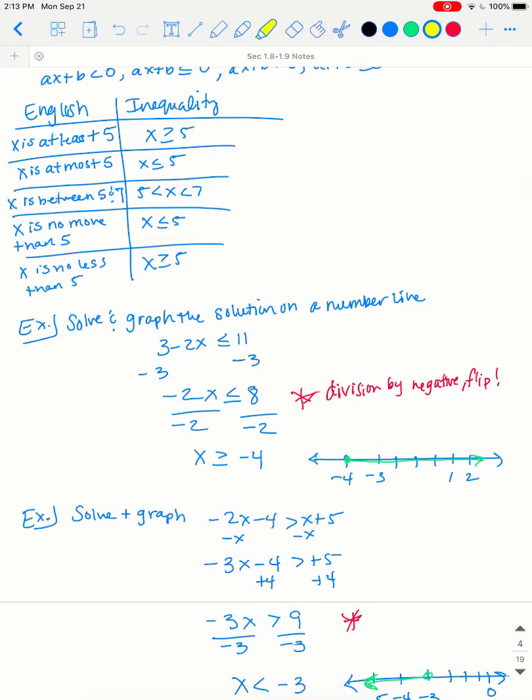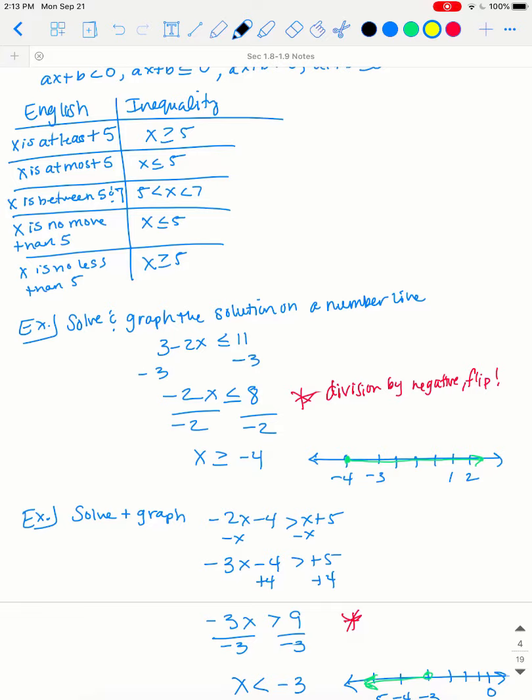So we have x is at least 5, and then that means x is greater than or equal to 5. So it's at least 5. So we can't go anywhere lower than 5 is what it's saying, because x is greater than or equal to 5. And then so you guys could look through those.